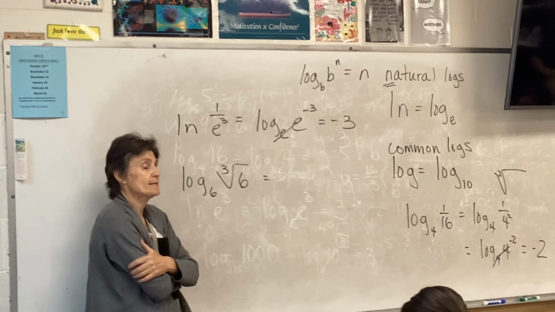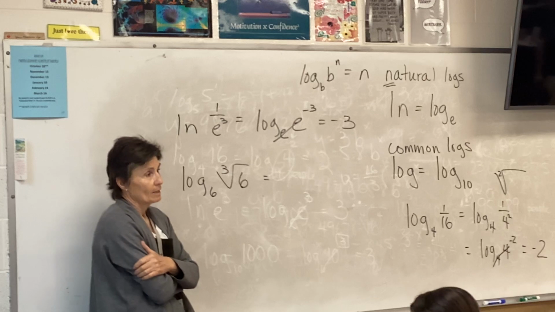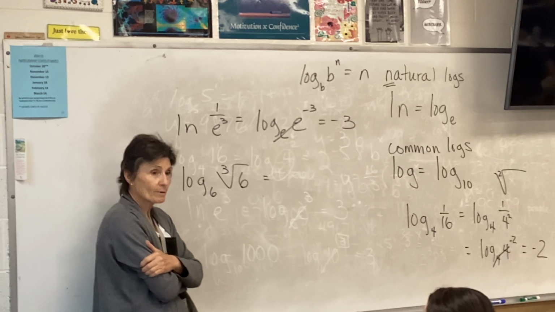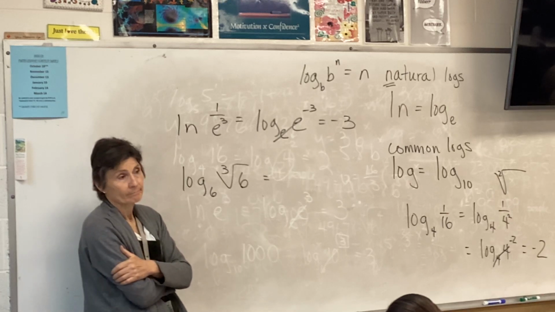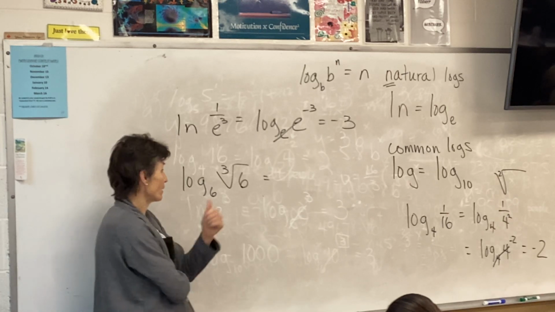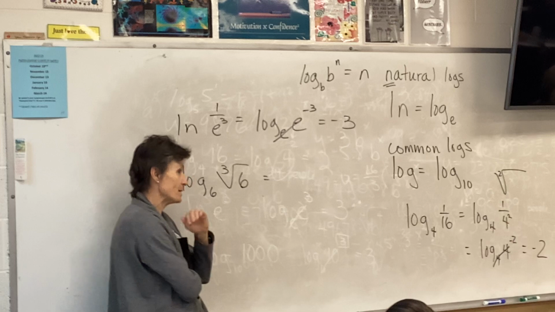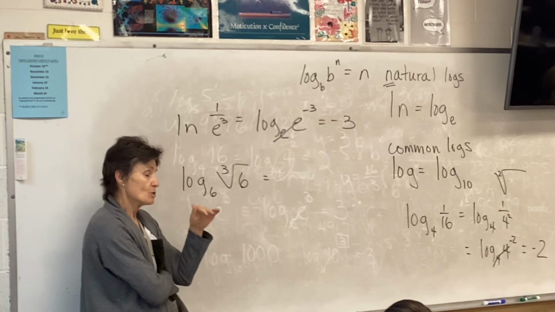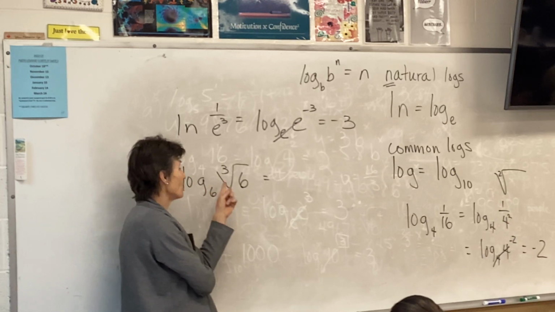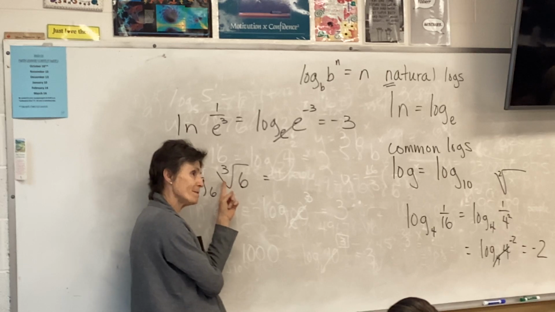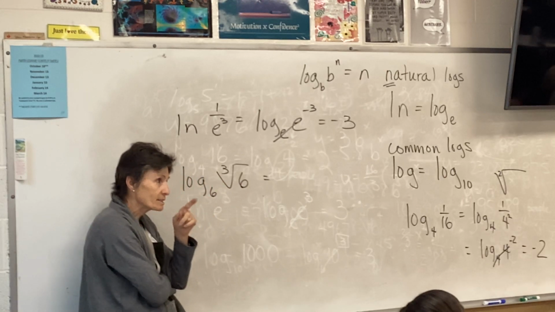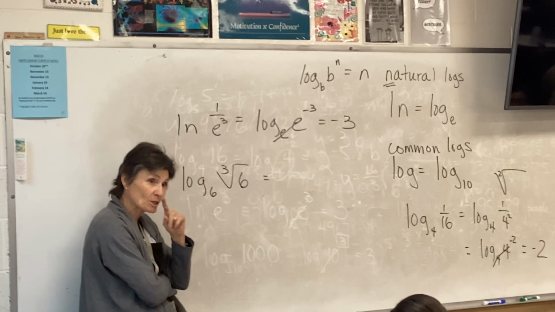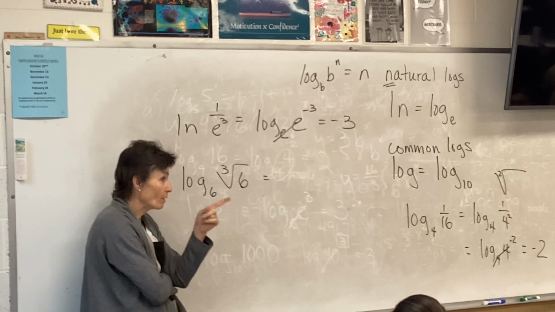One of those crazy things: logarithms and radicals do not get along. So if we are in logarithm land, we don't want radicals. I want you to think about, what does a cube root mean in terms of an exponent? It's a fraction, and what fraction would it be? 1 over 3.